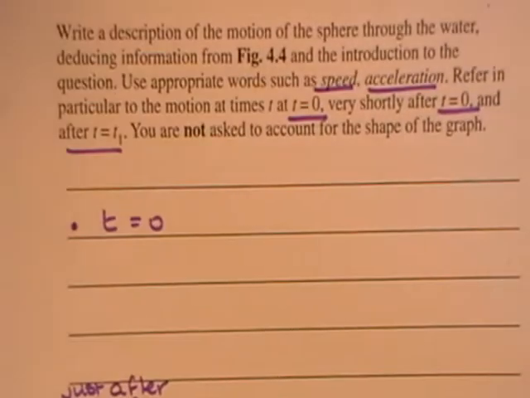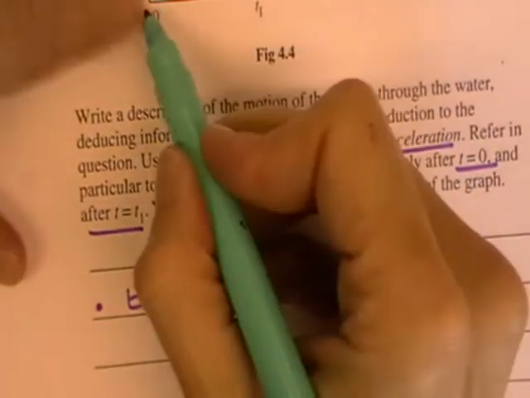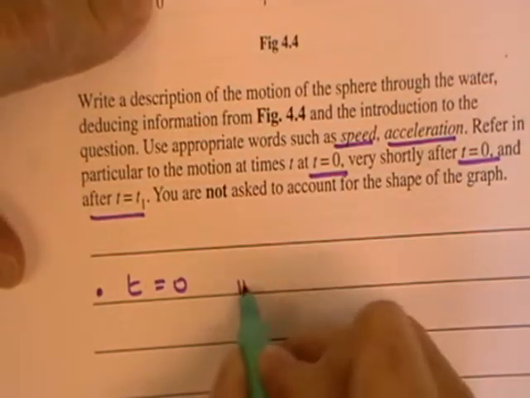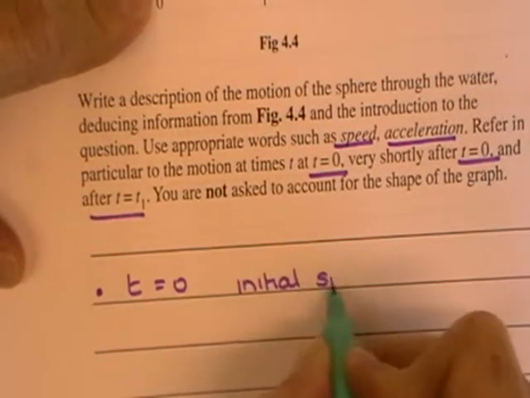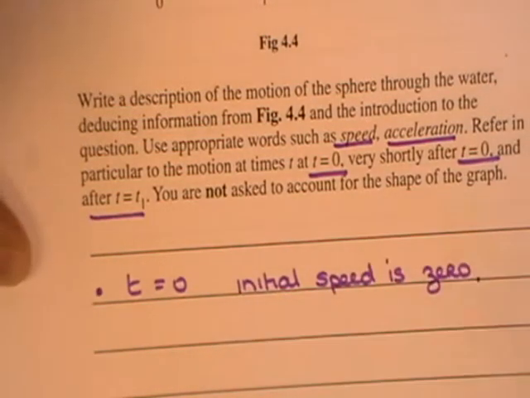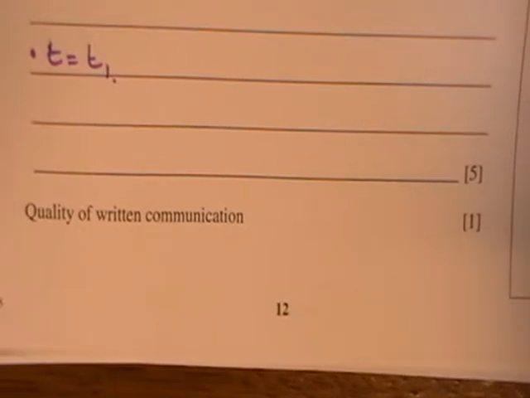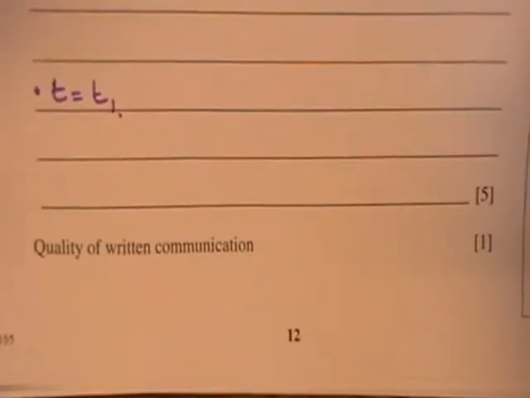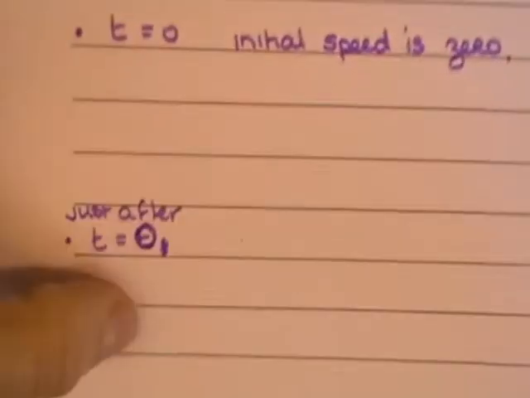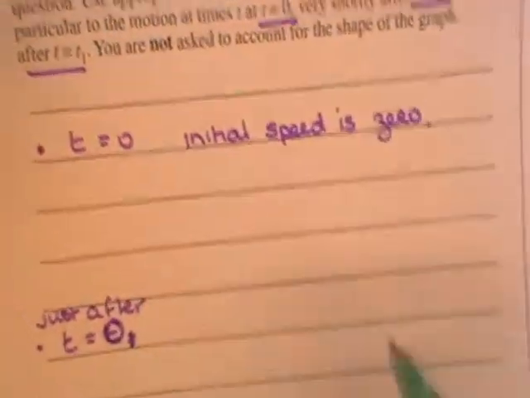Right, so what is happening? Up to t1, the initial value of the speed is 0. Now, I am writing this in shorthand. Unfortunately, you have to write it in sentences because they're looking for complete sentences for the quality of written communication. It still doesn't do any harm to make yourself 3 wee headings there: t equals 0, just after t equals 0, and t equals t1. And then write these bits in proper sentences.